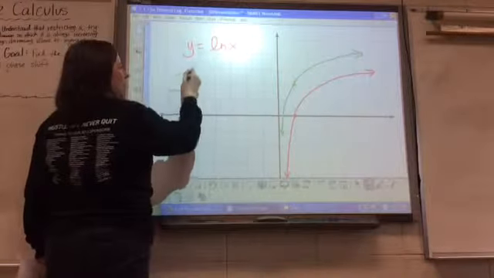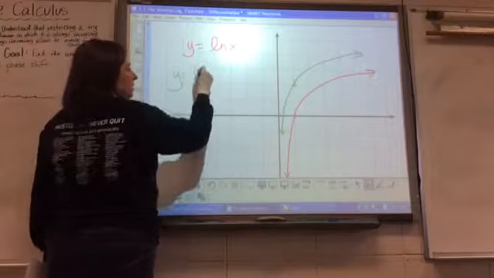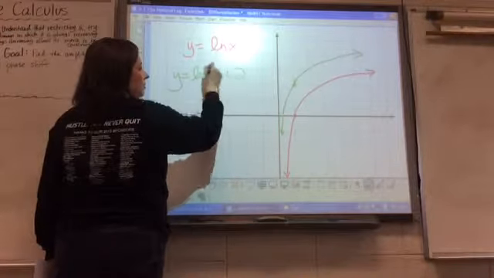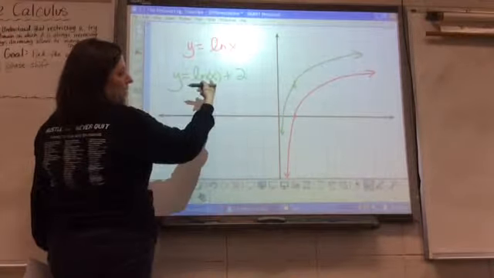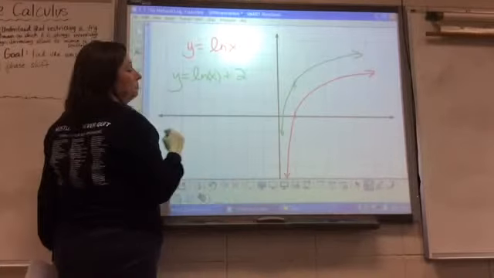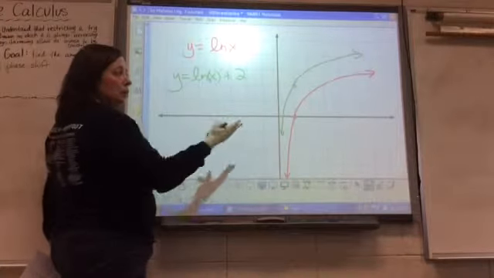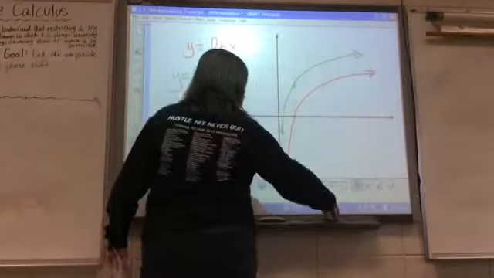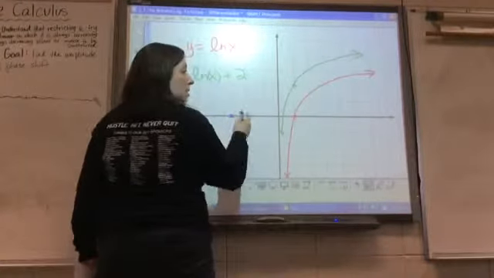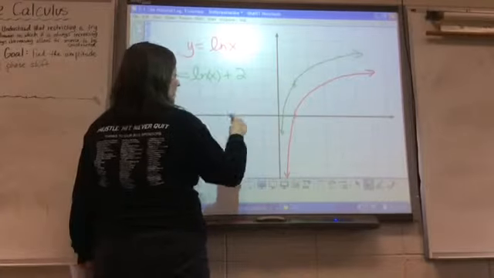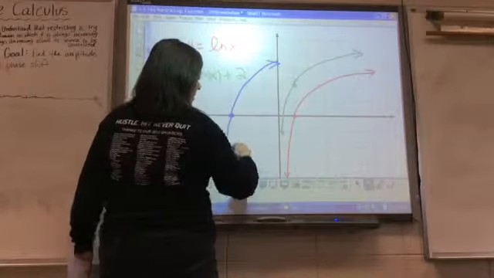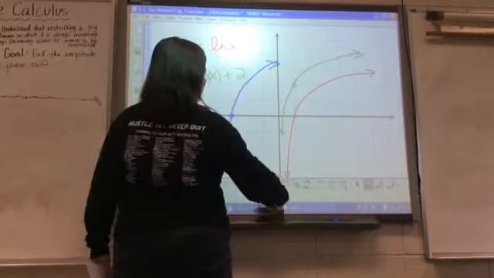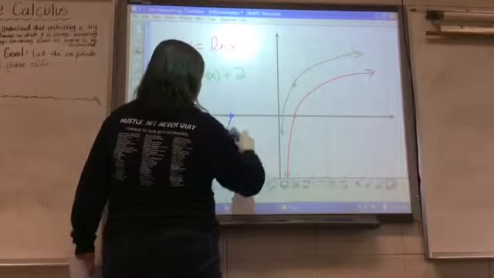What would that be? Y equals... And they might put parentheses around it just to show that it's not, you know. What if I wanted to shift it from here? Hang on, let me fix this.